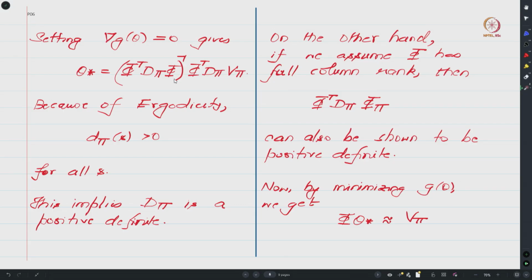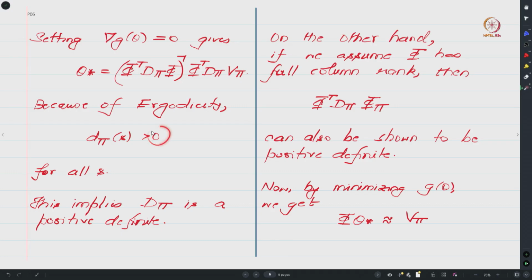So let us do a quick check. Because your Markov chain is ergodic, one can separately show that d pi of s is strictly positive for every s, and hence this capital D pi matrix is positive definite. Recall that this capital D pi matrix is a diagonal matrix whose diagonal entries consist of little d pi.